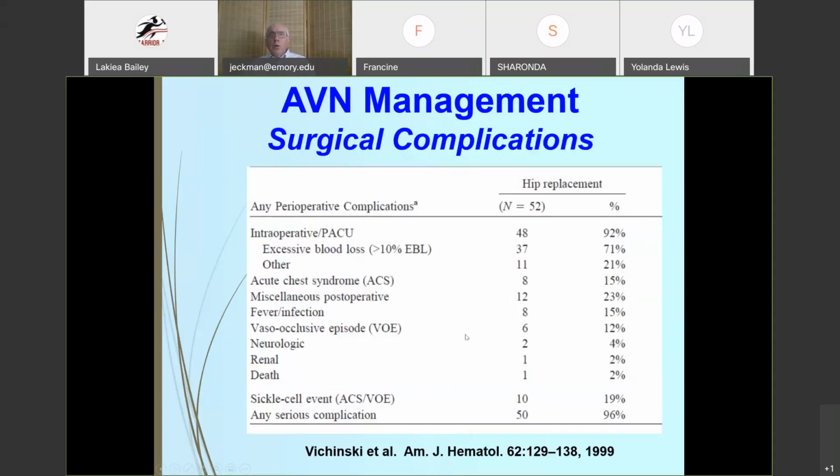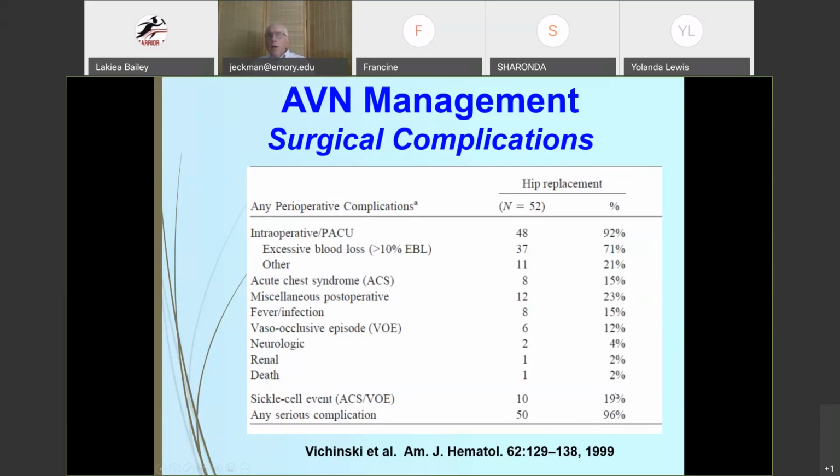We did a series looking at operative complications, and I think it's very important to understand that the outcome for the hip surgery is very good in terms of pain relief, but this is really a pretty serious undertaking in somebody with sickle cell disease. In this series, almost all of the individuals had some form of complications.